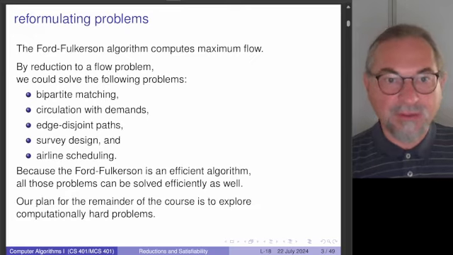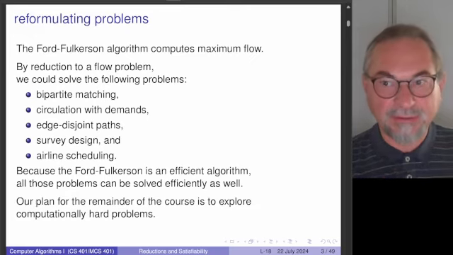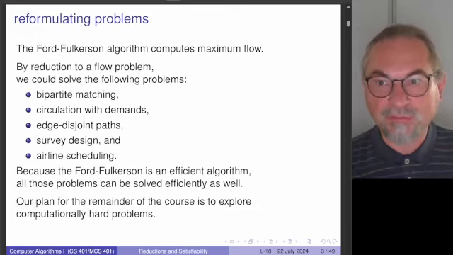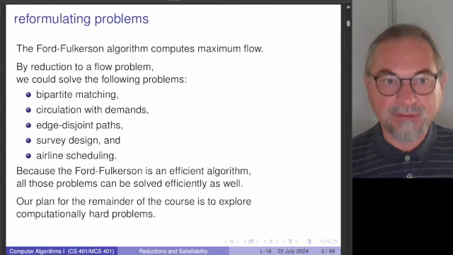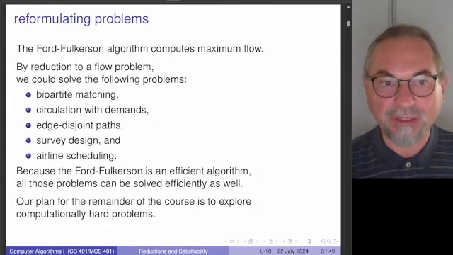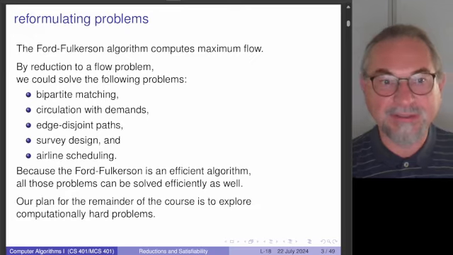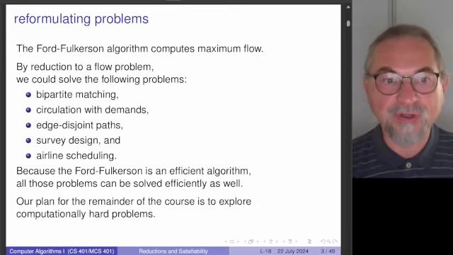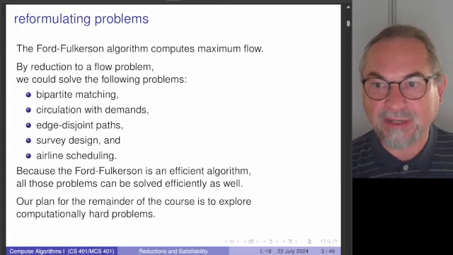So we looked at the definition of the Ford-Fulkerson algorithm. In the next lecture after that, we considered bipartite matching and circulation with demands. And then in lecture 17, we considered the edge disjoint path, survey design, and airline scheduling.